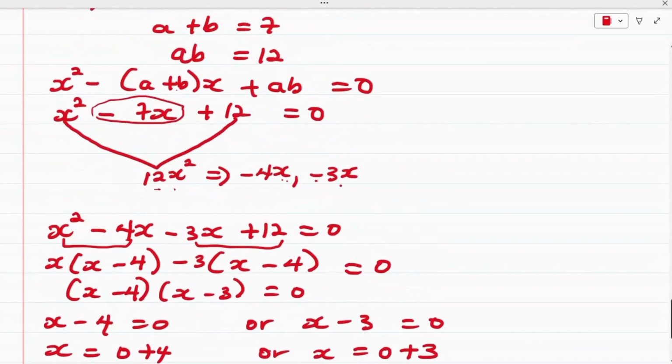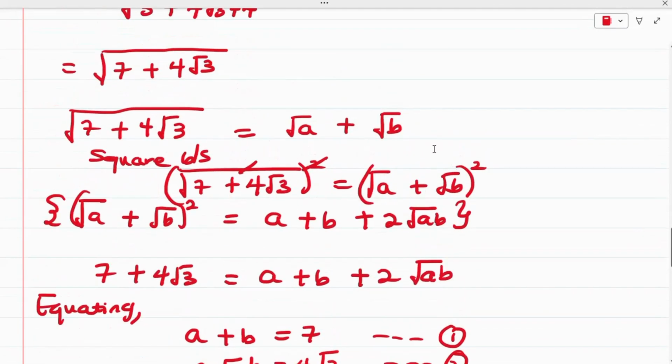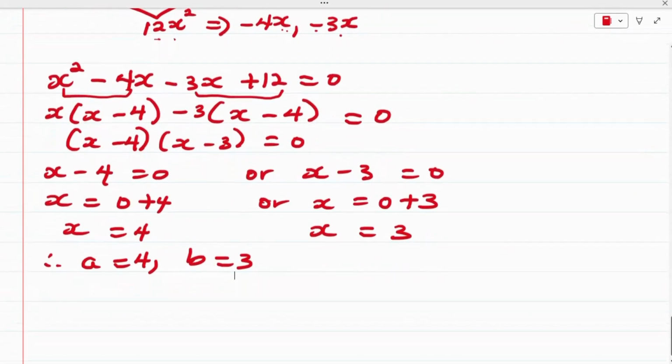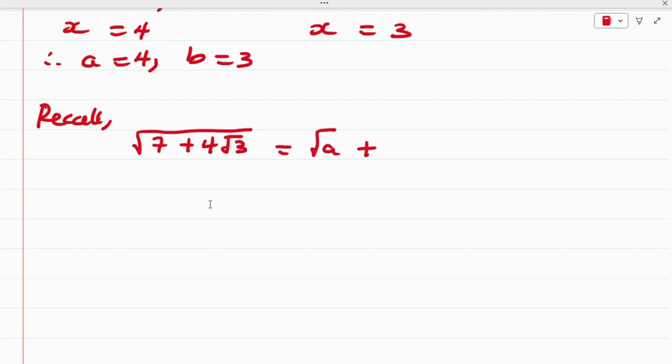Now I want to simply recall that at the beginning, the square root of 7 plus 4 root 3 is equal to the root of a plus the root of b, right? So recalling that, we have the square root of 7 plus 4 root 3 is equal to the root of a, where a is 4, plus the root of b, which is 3.